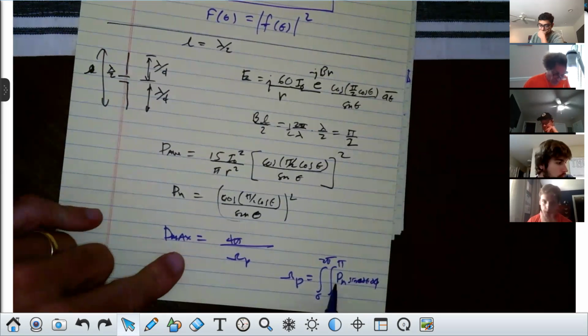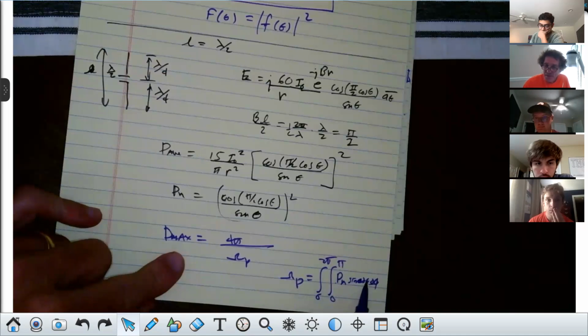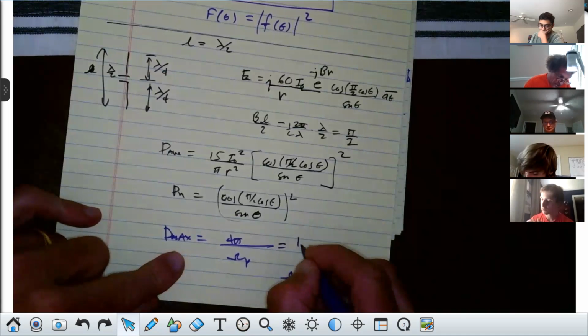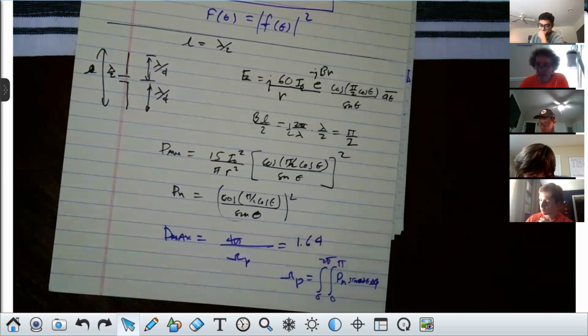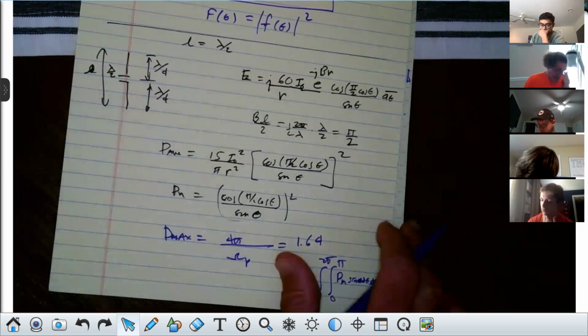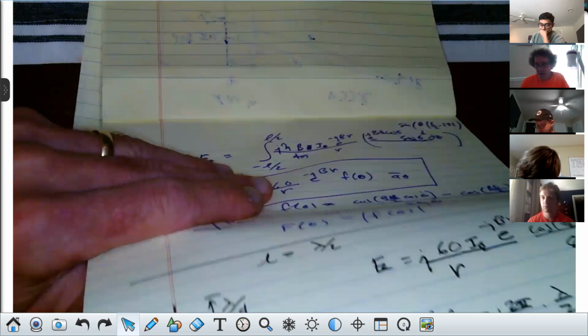Okay. Now, without doing this, I'm going to tell you, I hate running out of time, but I'm sensitive to your needs too. This comes out to be 1.64 for a half-wave dipole. Please write that down. This is for a half-wave dipole. And the second thing, now once we have this we can get the total power radiated.